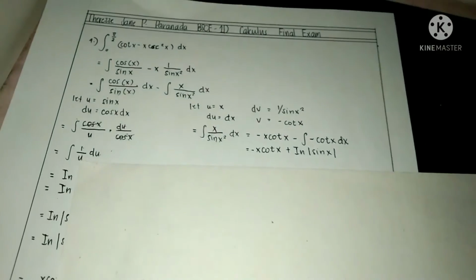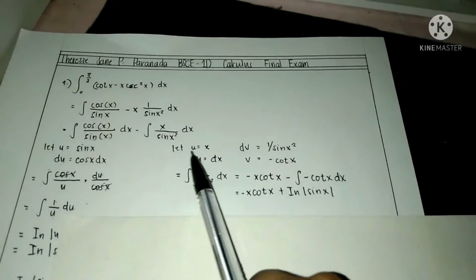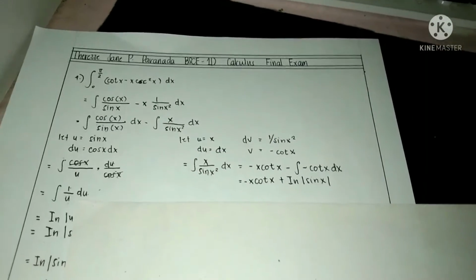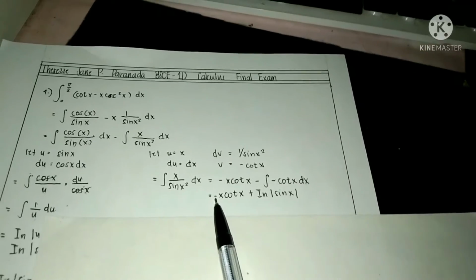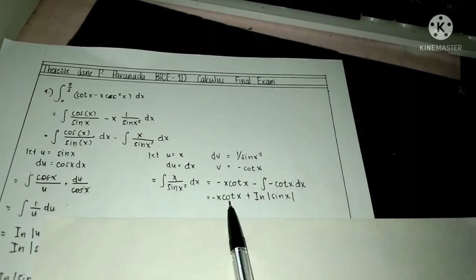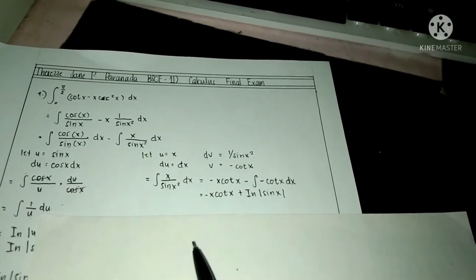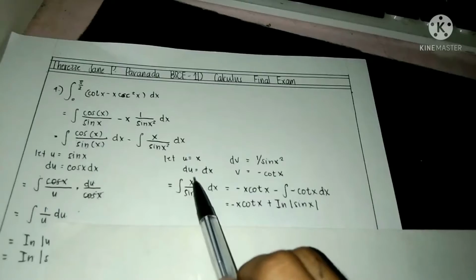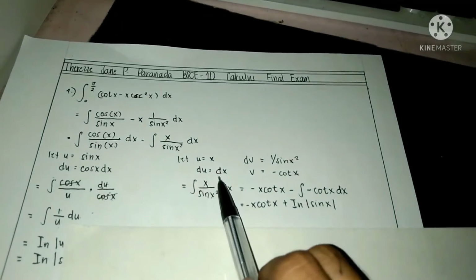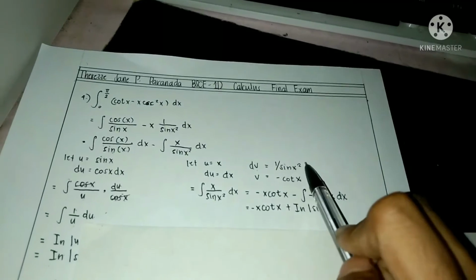So, next step is to integrate the right side. Yung gagawin pala natin dito is gagamitin natin yung integration by parts by using the formula uv minus the integral of v du. So, let us make u is equal to x. Therefore, ang du natin is equal to dx. And let us make dv is equal to 1 over sine x squared.